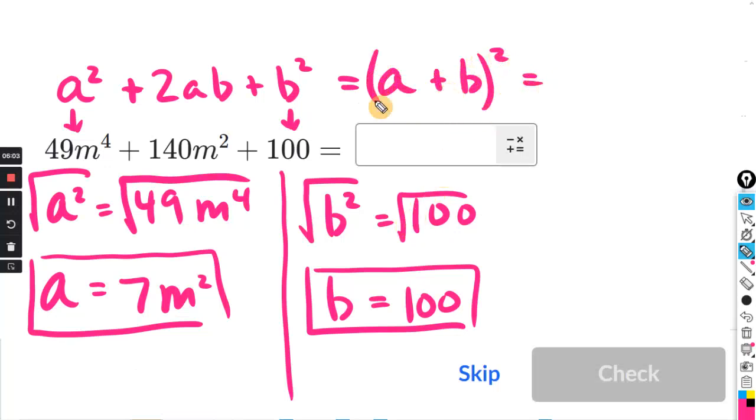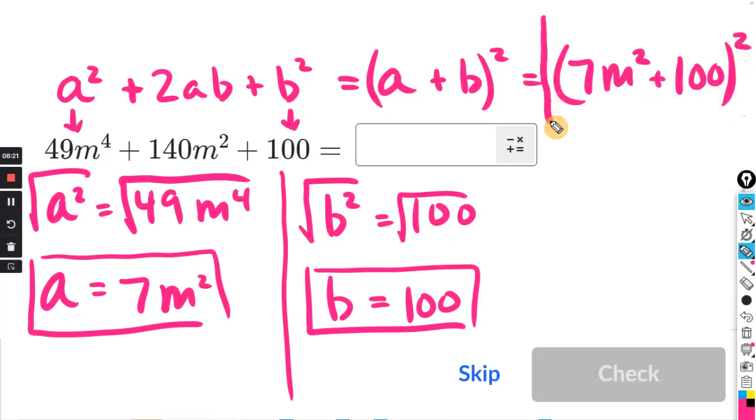The middle term is positive, so this is positive. Subbing in, a is 7m squared, plus sign in the middle, b is 100. And the whole thing is squared. Done. Final answer.